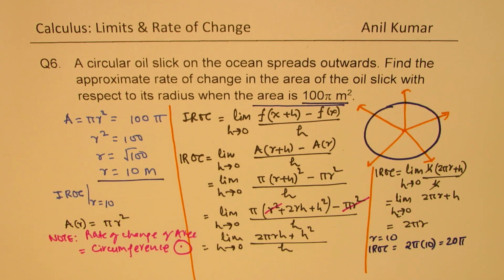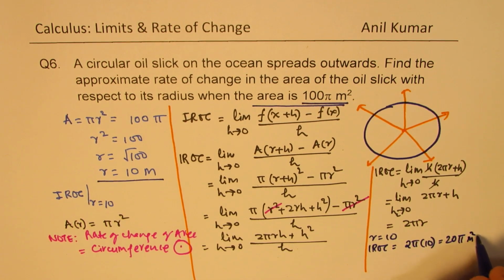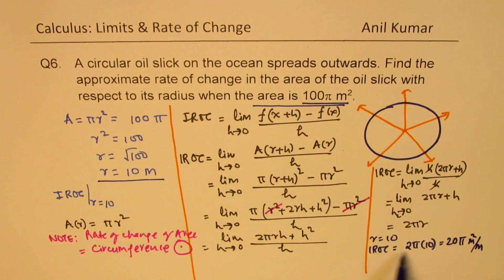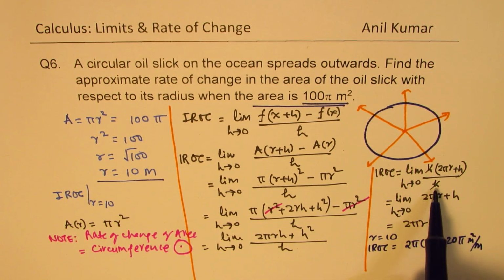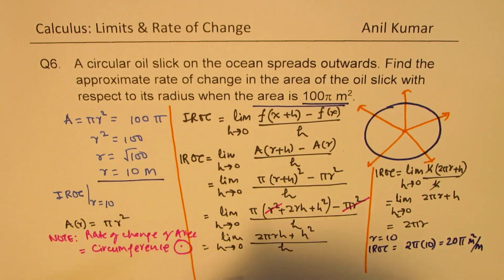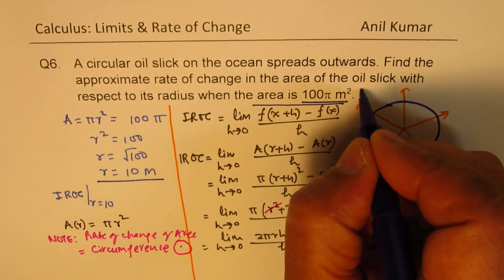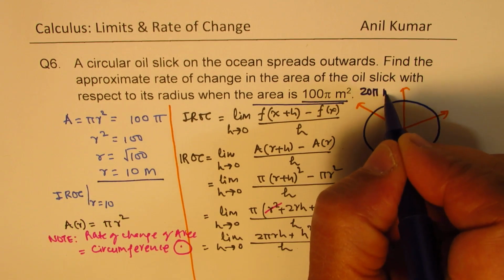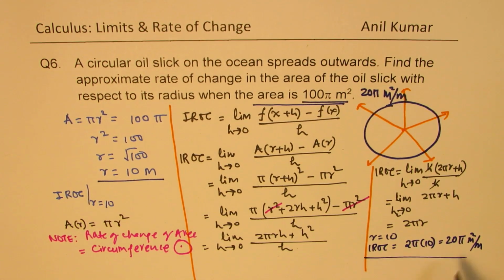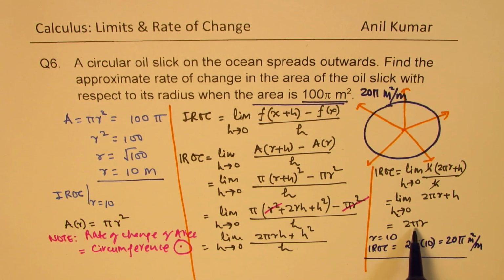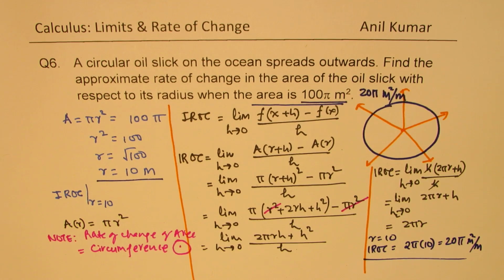So that's our answer: 20 pi meter square per meter. Is that clear to you, right? So I have derived a general expression. Now you could use this for any given value of radius, right? So that is how we could actually solve such questions.